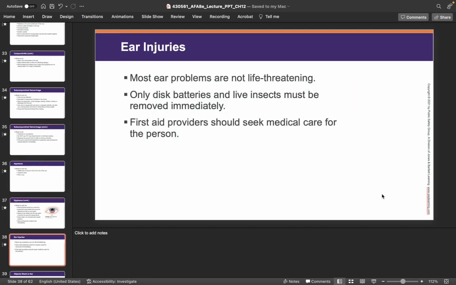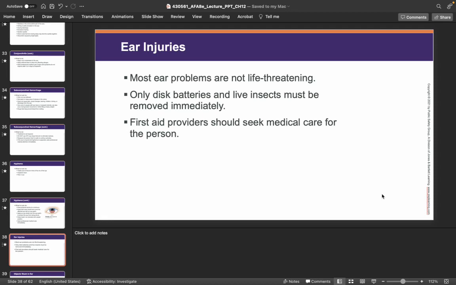All right, so moving on from eye injuries, now we're going to talk about ear injuries. So most ear injuries are not life-threatening. They can be debilitating or can affect your hearing, of course, but they're not going to kill you, okay?